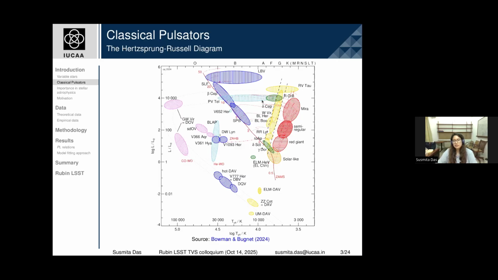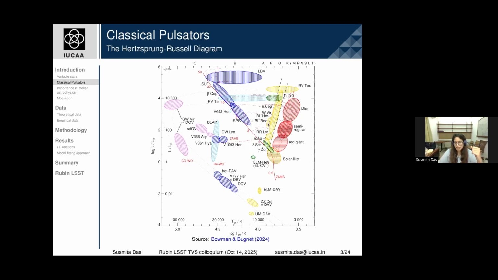Next, we have the delta Cepheids or the classical Cepheids, which are higher up on the instability strip because they are intrinsically brighter. And intermediate to RR Lyrae and the classical Cepheids lie the type 2 Cepheids. The different subclasses are BL Herculis, W Virginis, and so on. When we say intermediate, it means that they are brighter than RR Lyrae, but fainter than the classical Cepheids.